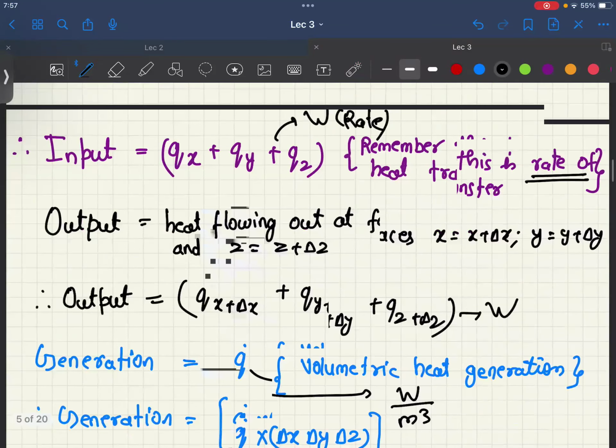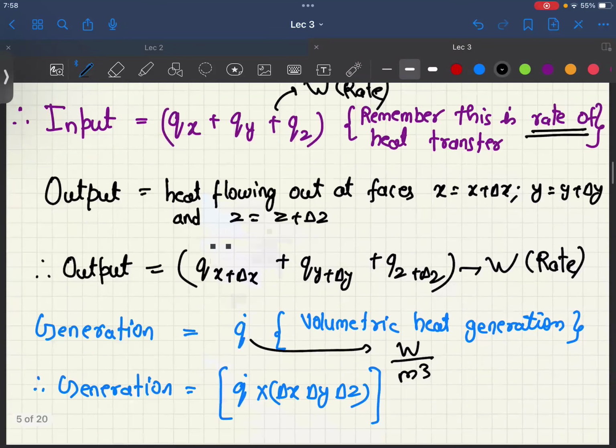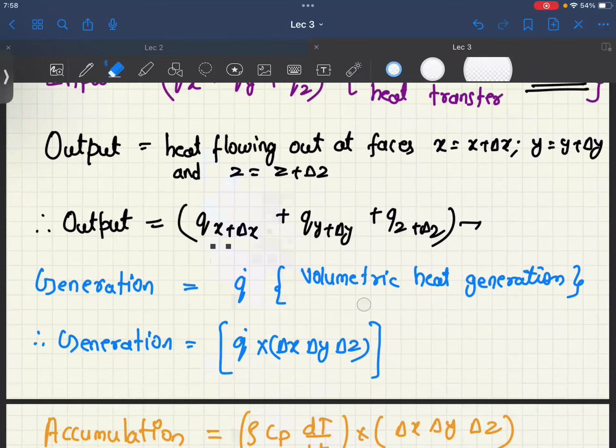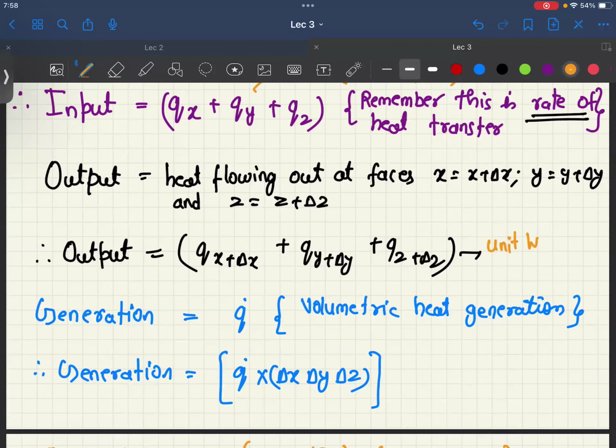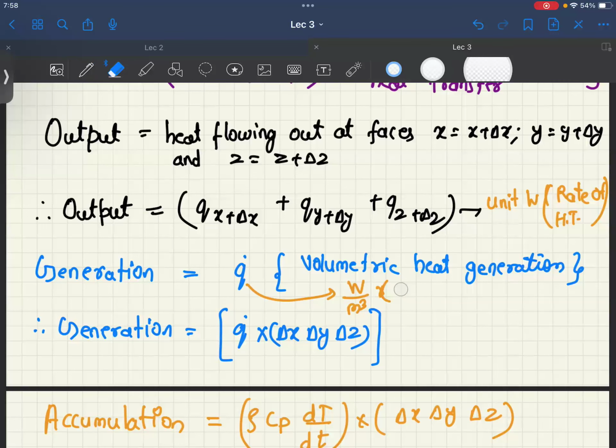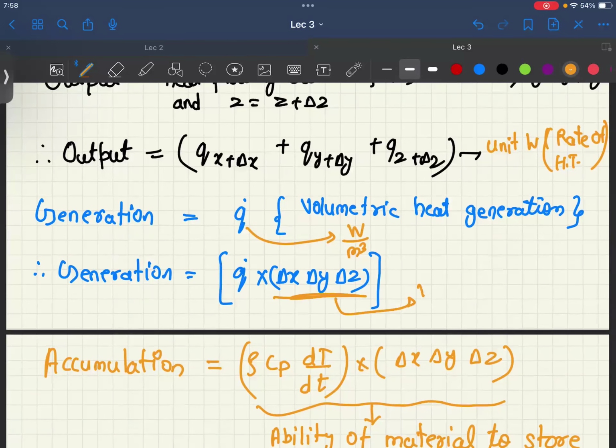So unit balance is very important, right? I think I should use a different color. यूनिट इज वैट, because this is rate of heat transfer. इसका भी यूनिट है वैट, बिकॉज दिस इज रेट ऑफ हीट ट्रांसफर। ठीक है, इसका यूनिट है वैट पर मीटर क्यूब। Now we need to multiply it by meter cube to make it in the units of rate, इसलिए हम इसको वॉल्यूम से मल्टीप्लाई कर रहे हैं। This is nothing but the volume of the differential element.